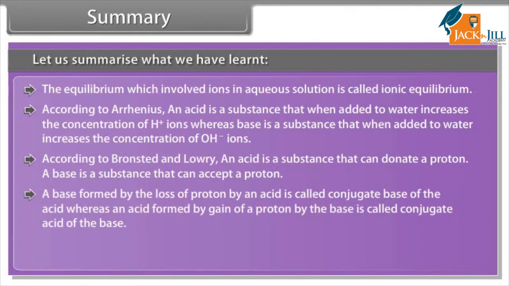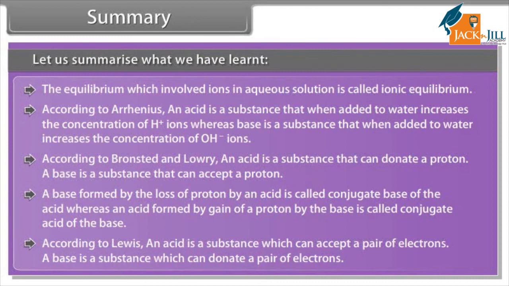A base formed by the loss of a proton by an acid is called the conjugate base of the acid, whereas an acid formed by gain of a proton by the base is called the conjugate acid of the base. According to Lewis, an acid is a substance which can accept a pair of electrons.